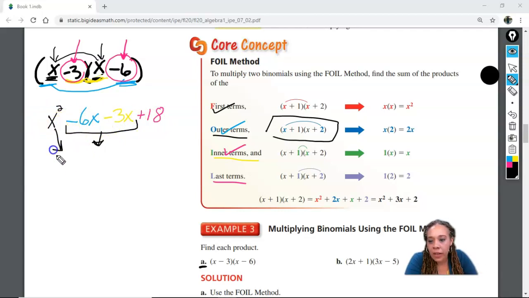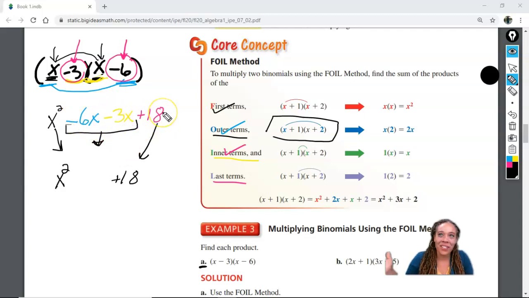So here, x squared can combine with nobody. 18 can combine with nobody. But this -6x minus 3x, those are like terms because they both have just that variable x on there. They are the same. So that would mean -6 minus 3. And so those are subtraction with integers, everybody's favorite.